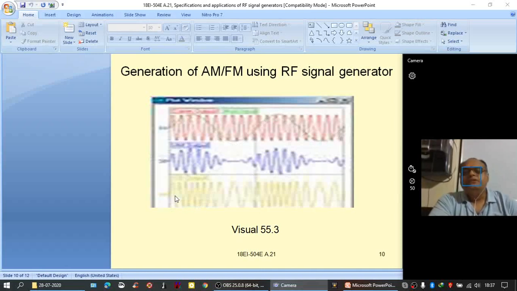Now you can see here, when the magnitude is increasing, the frequency is more. When the amplitude is decreasing, the frequency is less, and gradually the frequency is increasing, gradually the frequency is decreasing. That means the frequency of the high frequency carrier signal is modulated according to the amplitude of the low frequency audio signal.